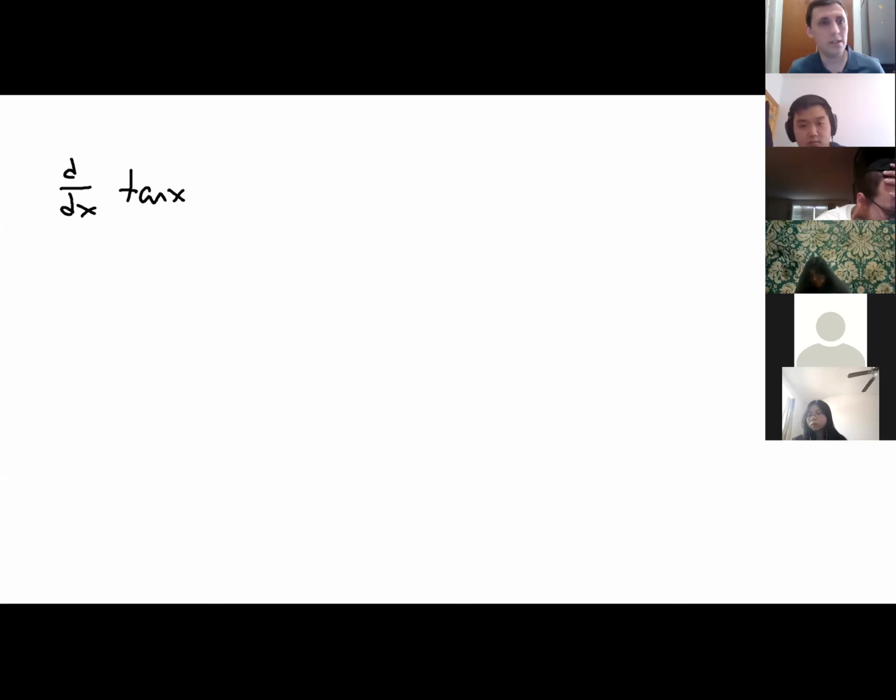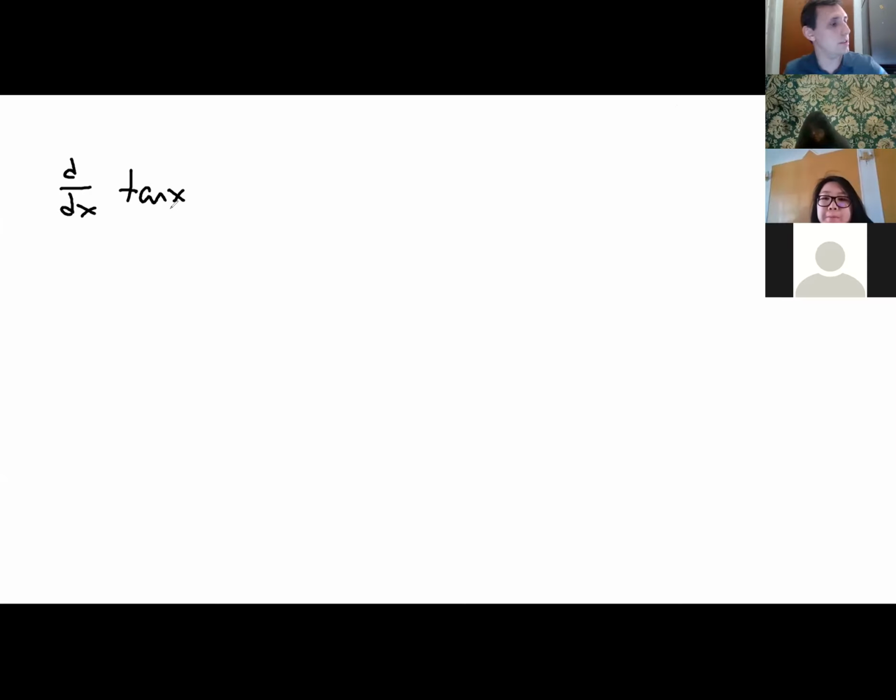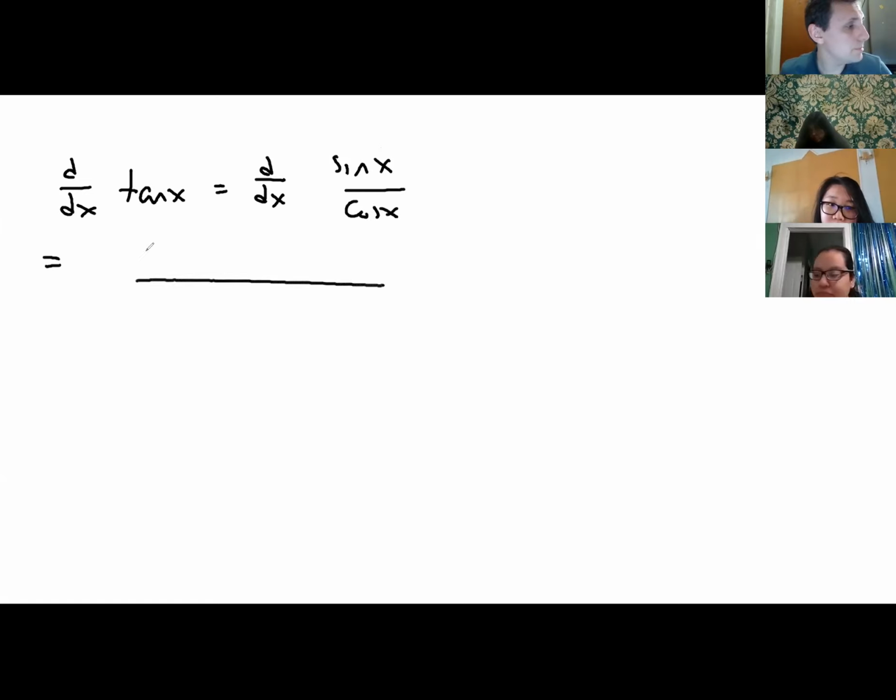All right, so let's now do this together, guys. The derivative of tangent is the derivative of sine over cosine. And we can apply the quotient rule. The main operation here is a quotient. So what do we do when we apply the quotient rule? We square the denominator.